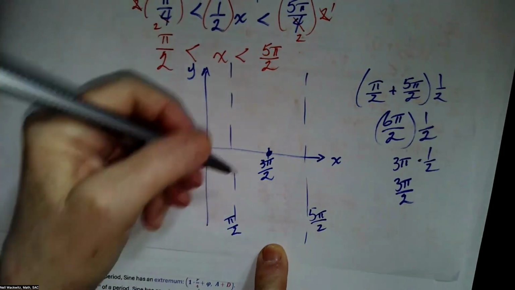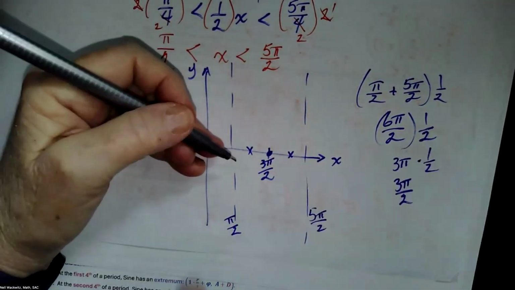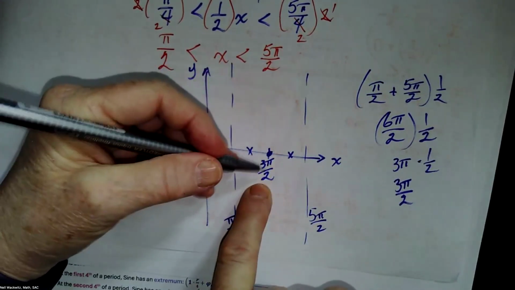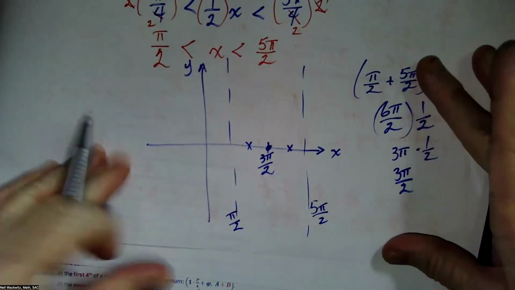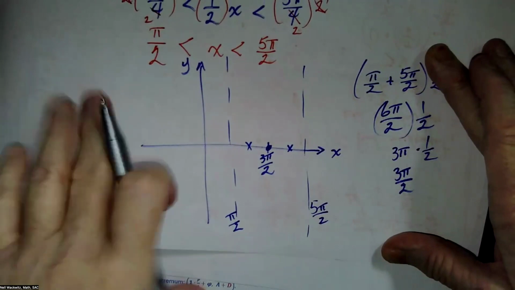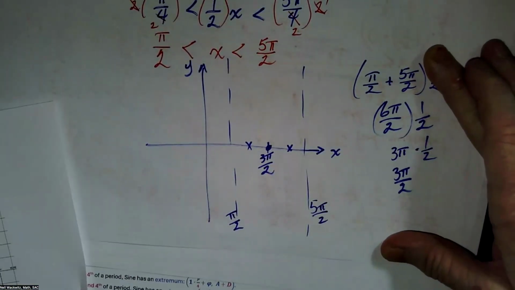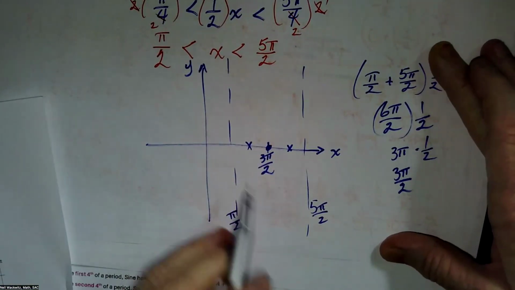The next thing I'm going to do is look for midpoints between pi over 2 and 3 pi over 2, and between 3 pi over 2 and 5 pi over 2. And I know, because I'm thinking in terms of halving things, that it's going to be something over 4.